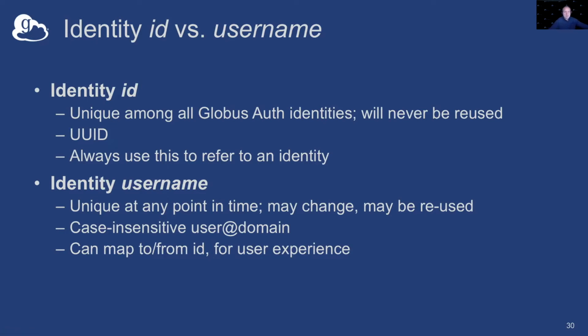So for instance, within InCommon, they allow institutions to reuse the actual username. So I'm vas at uchicago.edu. If I leave the university, at some point down the road, someone else who likes vas as an abbreviation maybe shows up, and the university can decide to make that their username. So you'll have vas at uchicago, but that would actually refer down the road to a totally different Globus identity, right?